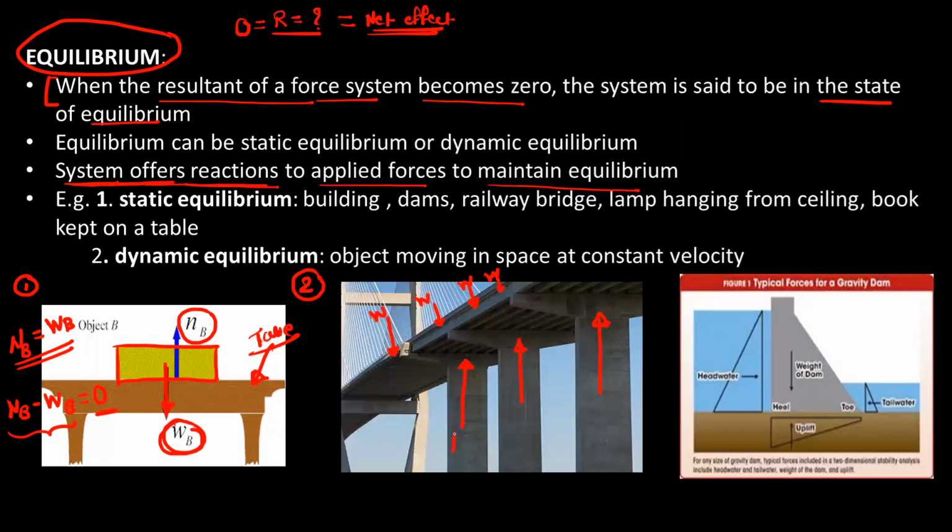Each column will offer a certain reaction in order to nullify the effect of these downward forces. Then the net effect, that is the resultant of the system, will be 0, so that the system will be in equilibrium. So to maintain the static condition, the net effect of the forces must be 0. This is called the equilibrium condition.